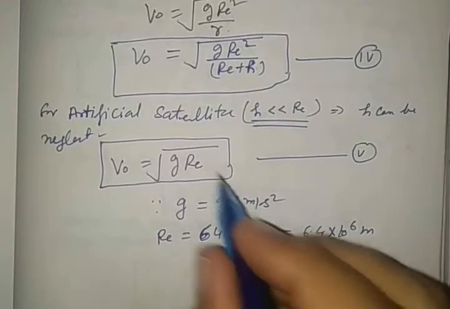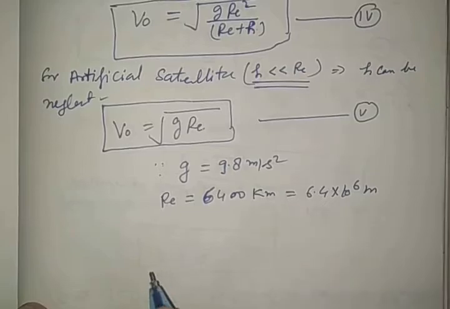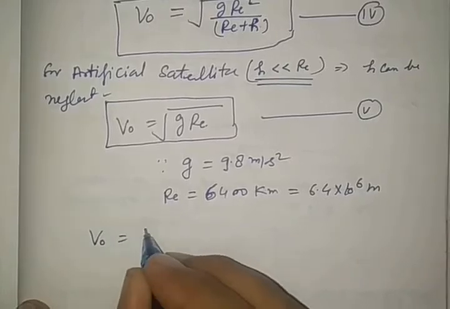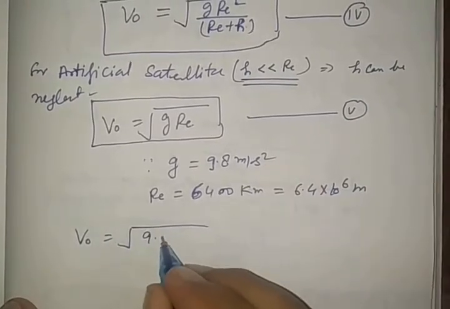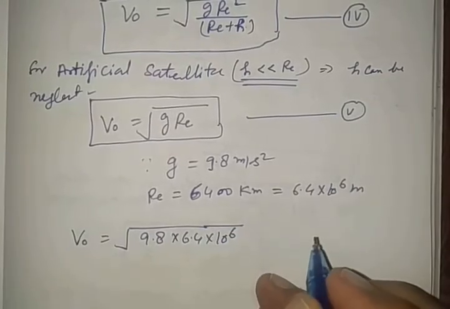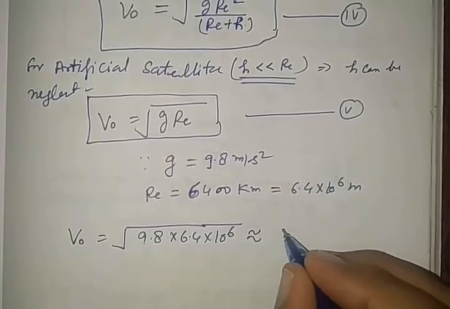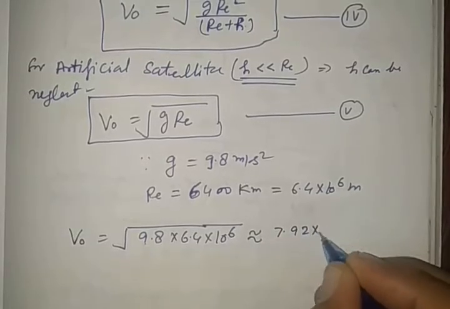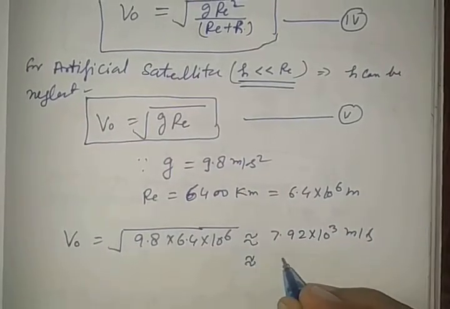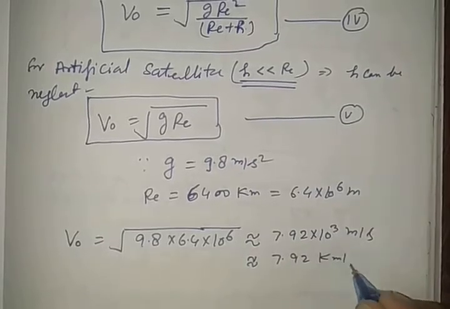Now when we put both values in the above equation to calculate the orbital speed of the artificial satellite, it is under root 9.8 into 6.4 into 10 to the power 6. After putting the values and calculating, one may write it is approximately 7.92 into 10 to the power 3 meter per second, or approximately 7.92 kilometer per second.